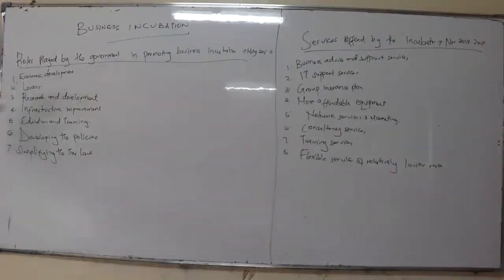The first one I've said, the economic development, the loans, research and development, infrastructure improvement, education and training, developing the policies, and simplifying the tax laws. I'm going to give you an assignment.